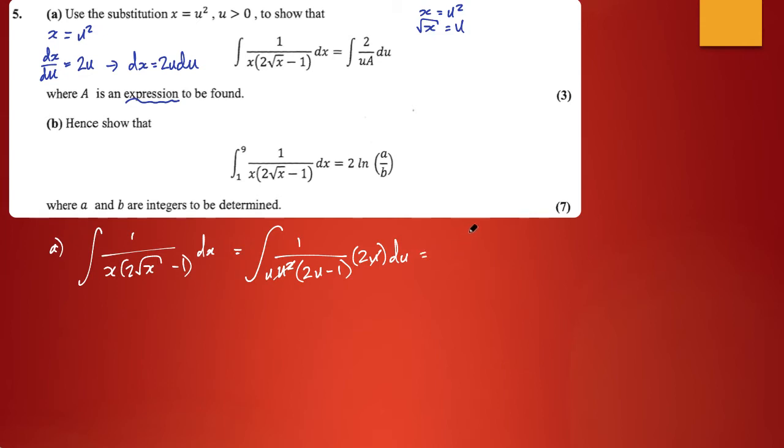So that leaves me with the integral of 2 over u times 2u minus 1 with respect to u. Sorry, part A is done because I have 2 over u times a, so I've already completed part A. a equals 2u minus 1 in this case.